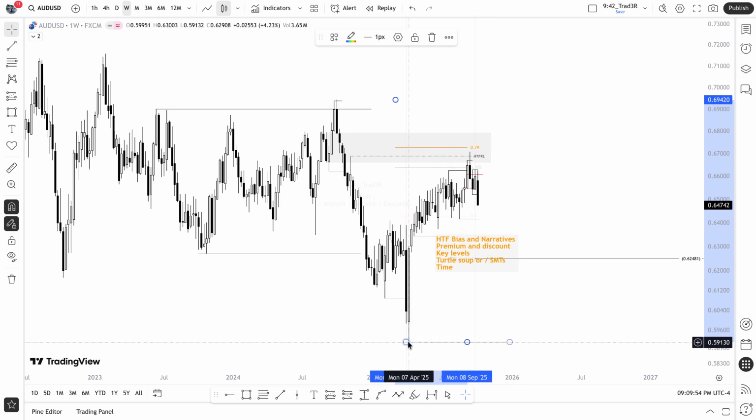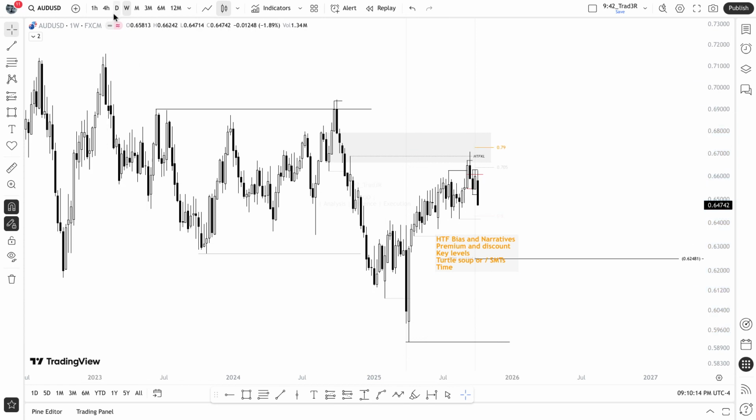So let's shift it out to have a clean shade. Just give me a minute, everything eventually makes sense. So that's premium, and let's go to the daily.